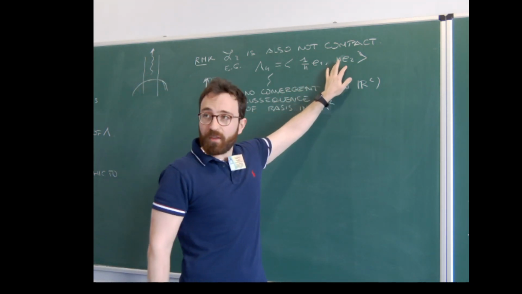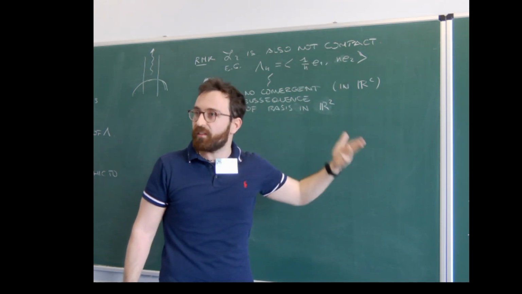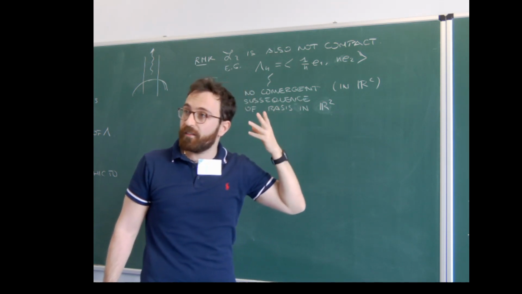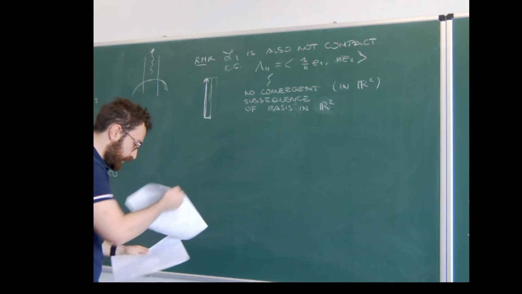Because whatever subsequence you take, this goes to infinity. So even in R2 this has no convergent subsequences, but it's still a sequence of elements in the space of lattices. Good.